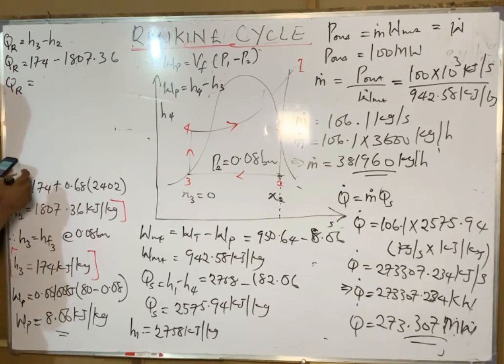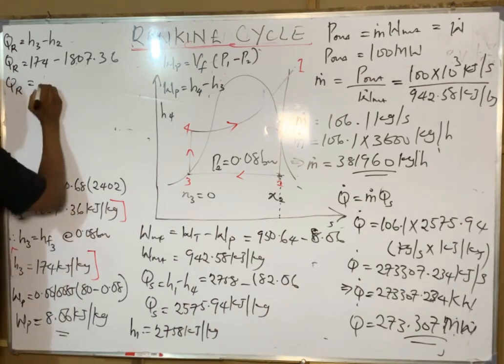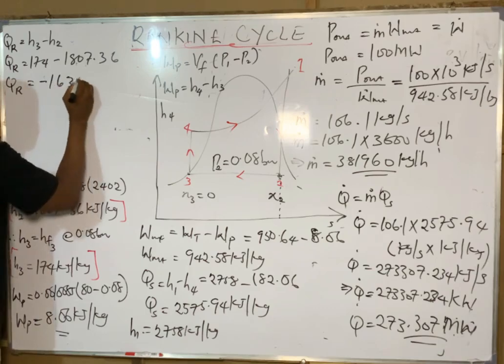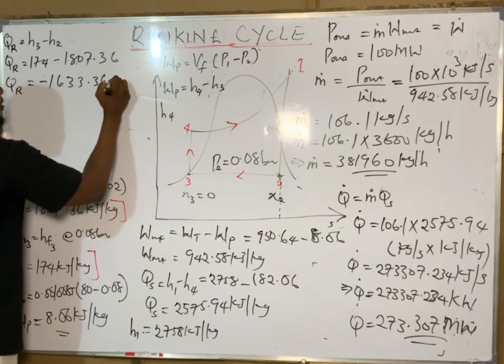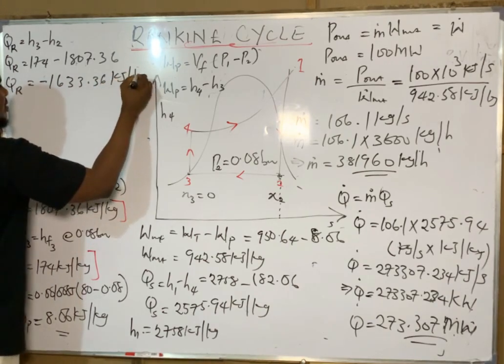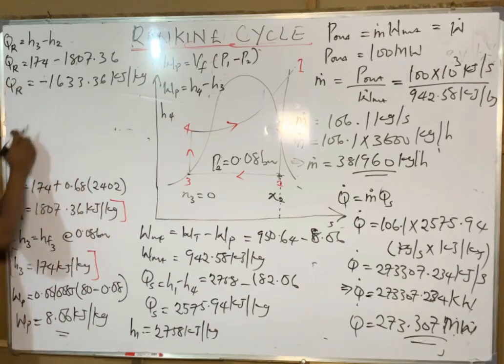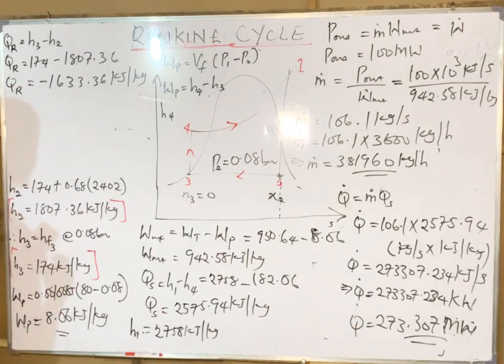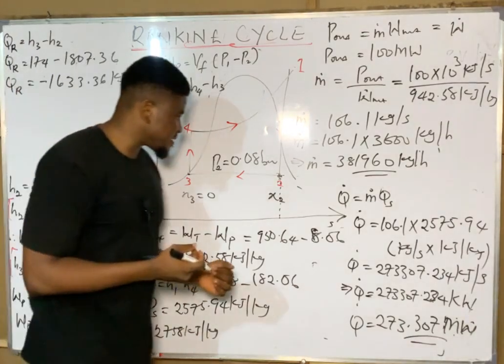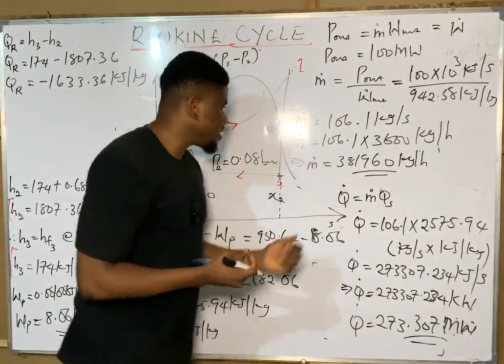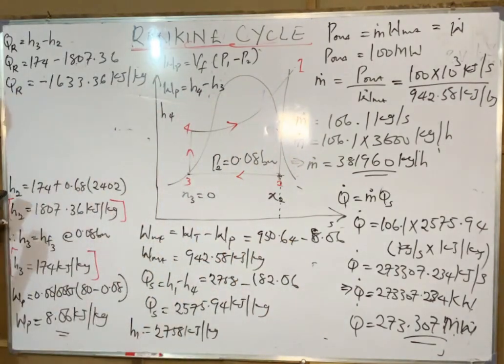That gives us negative 1633.36, in kilojoules per kilogram. The negative sign actually shows heat rejection. But the question says we should find this in megawatts, right? So we need to multiply this by the mass flow rate.